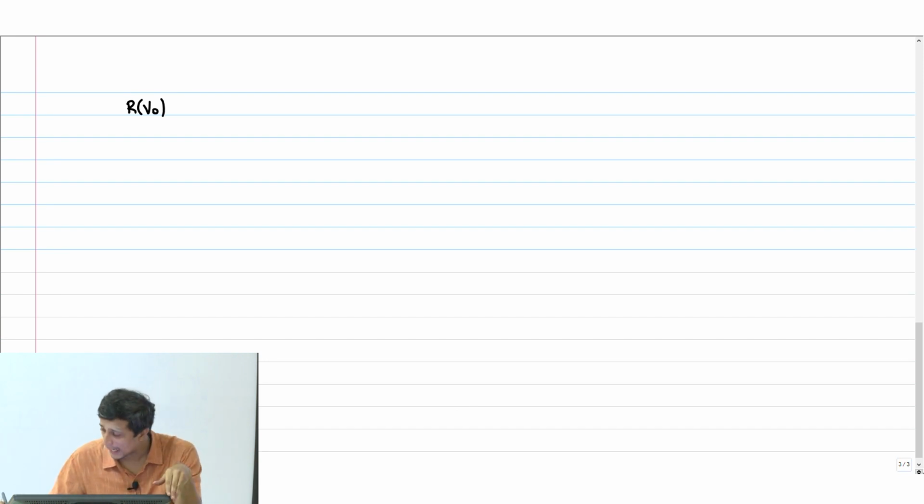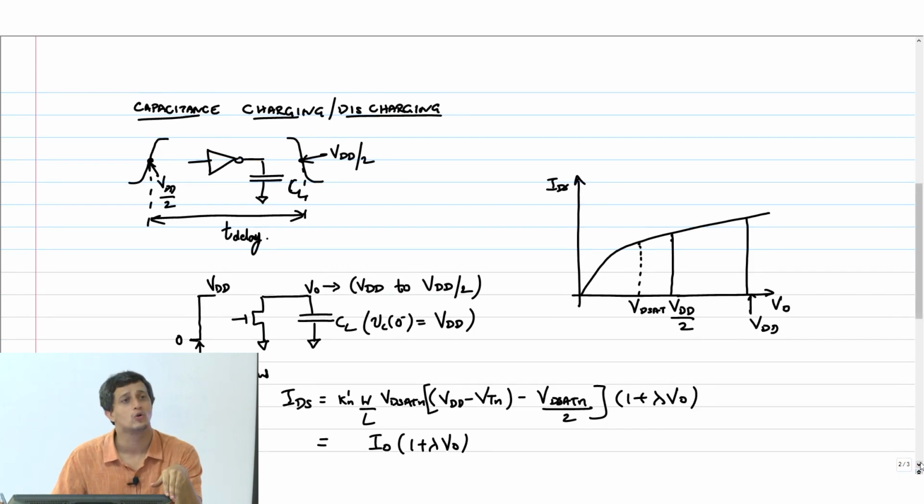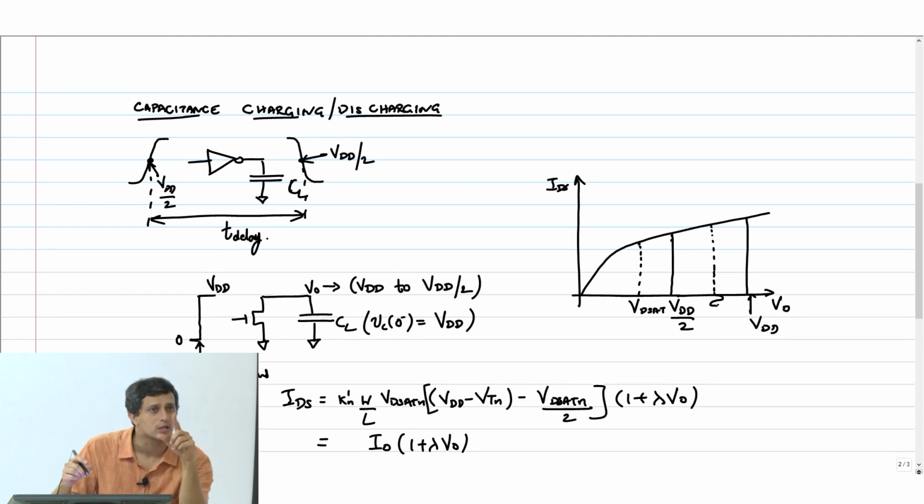See, in analog, it's okay to do a derivative because you fix your bias somewhere here and then you will do some sort of a small signal analysis over that bias point. So in some sense, we have linearized this whole thing here.